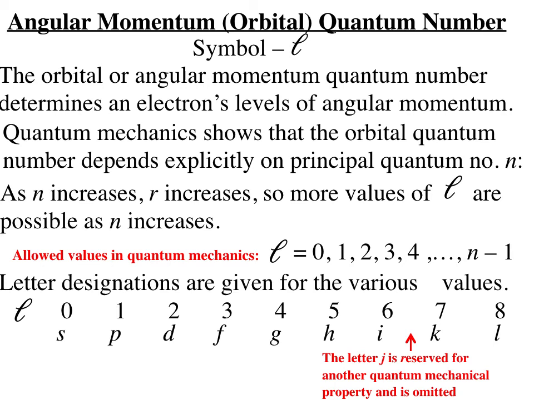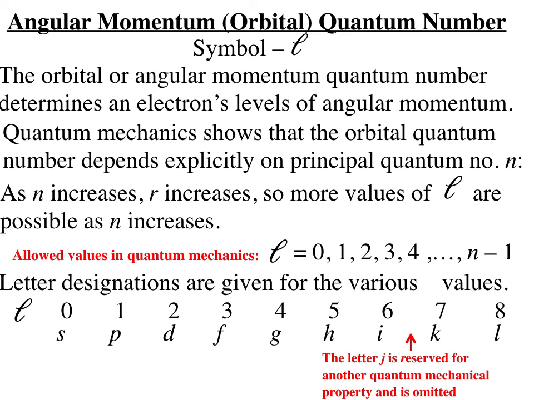The higher the n value, the higher in energy an electron is, actually meaning the less negative in energy an electron is. And that means that electron resides further and further out from the nucleus. Bigger n, further from nucleus.